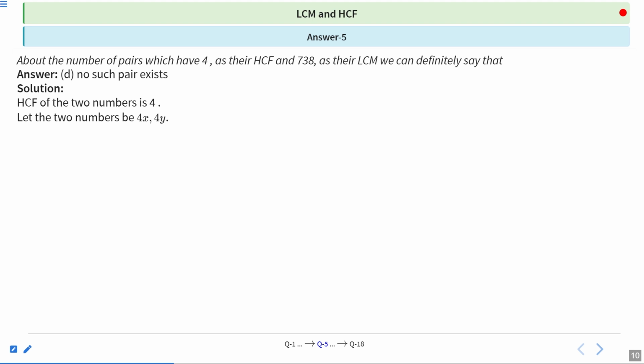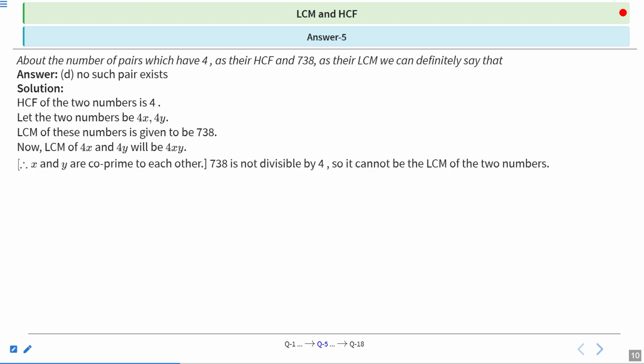So if HCF is 4, then we can assume the numbers as 4x and 4y. And the LCM of 4x and 4y should be 4 into x into y, because x and y are co-prime to each other.